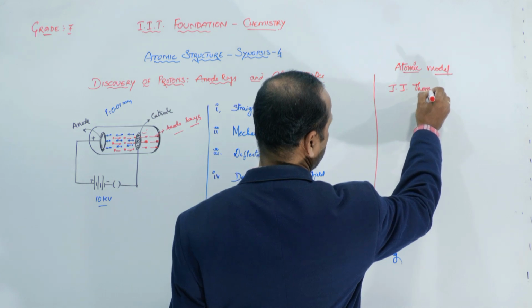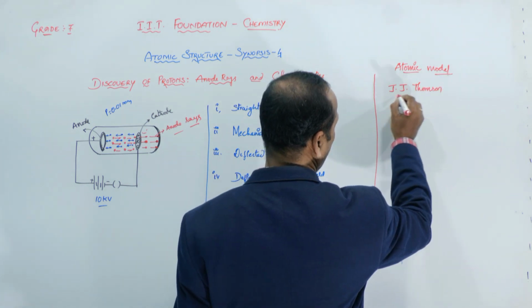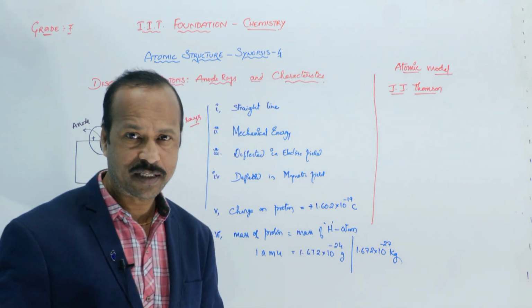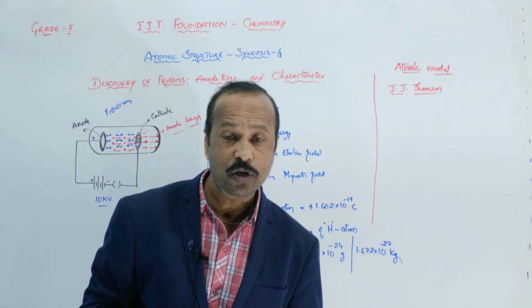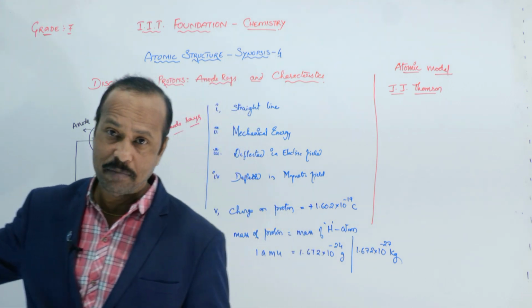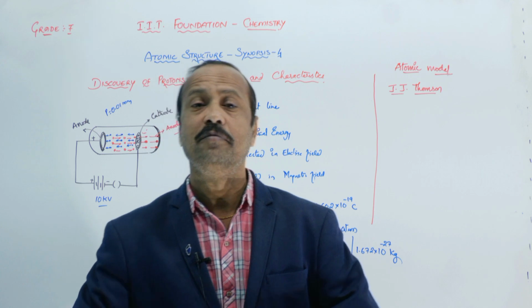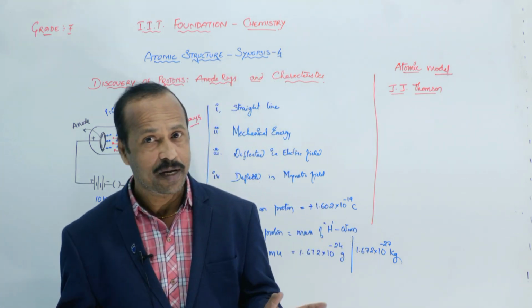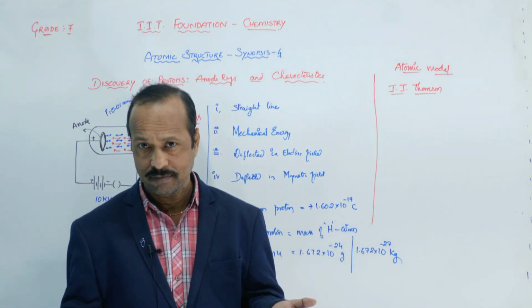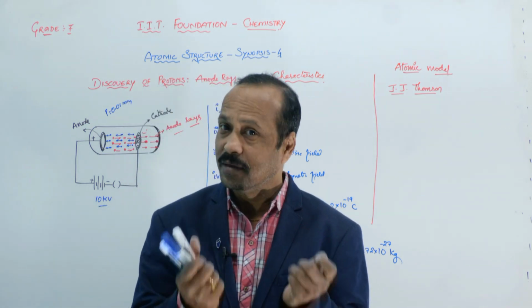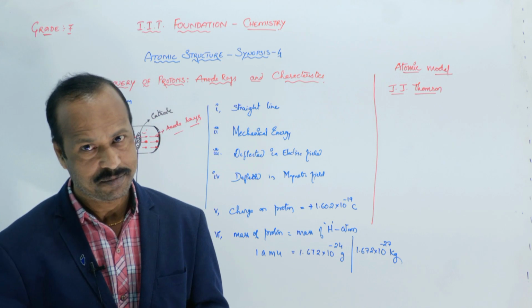Because he was the person who discovered the electrons for the first time, he was the person to say that atoms can be divided. Before J.J. Thomson, people thought atoms were indivisible and unbreakable. But he proved that atoms are breakable.